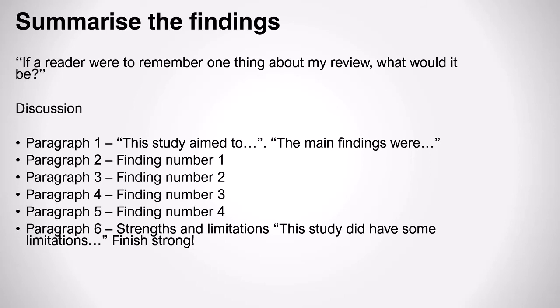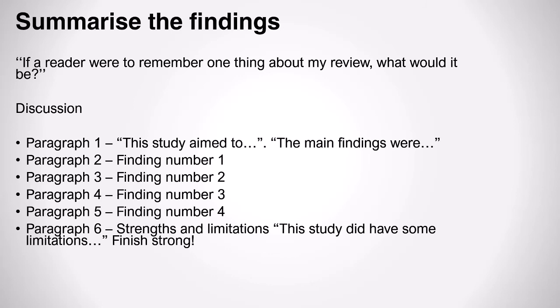And then at the end of the discussion, the strengths and limitations of the study. Because in English we read from top to bottom, remember, get the negative stuff out of the way first. So this study did have some limitations, state clearly what they were, and then go to the strengths and finish strong.